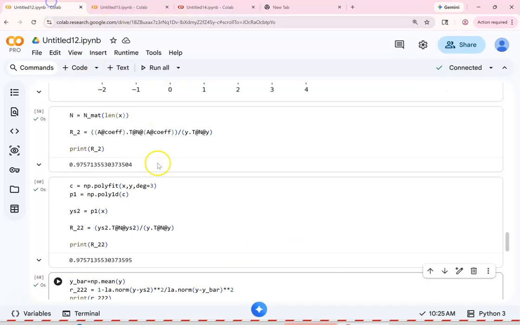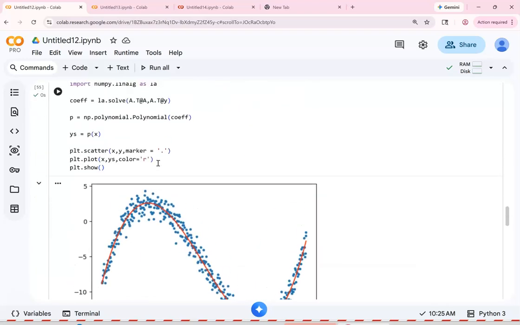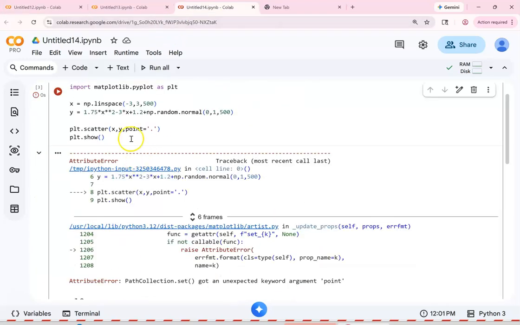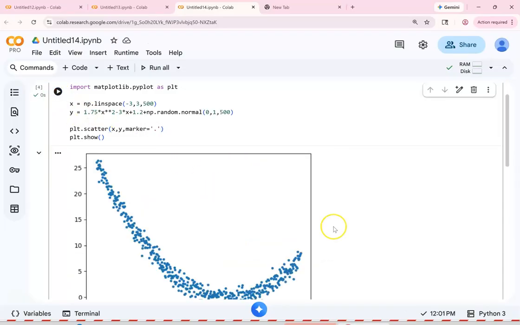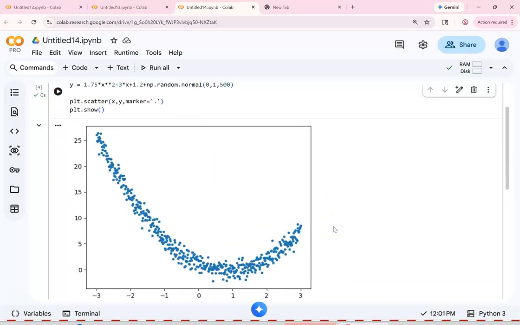I've got this in another file. Marker. That's what the word is, not point. Sorry. There it is. I can make the points a little bit smaller by just putting that extra attribute in there. I've been using R as well for a class I'm taking through the U of I, so R uses point. Anyway, there's a scatter plot.